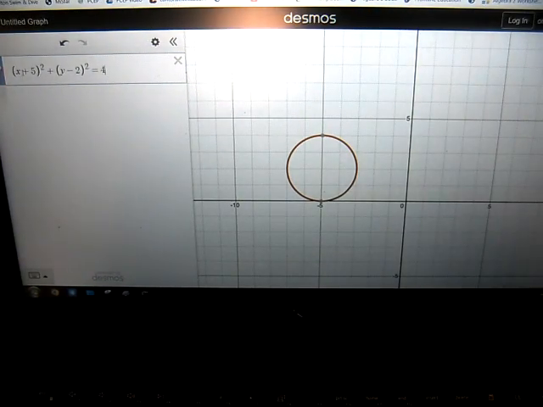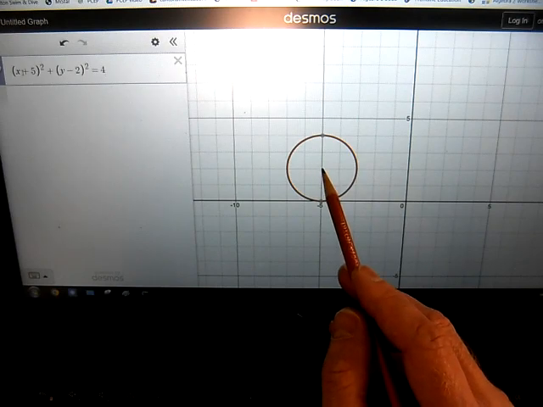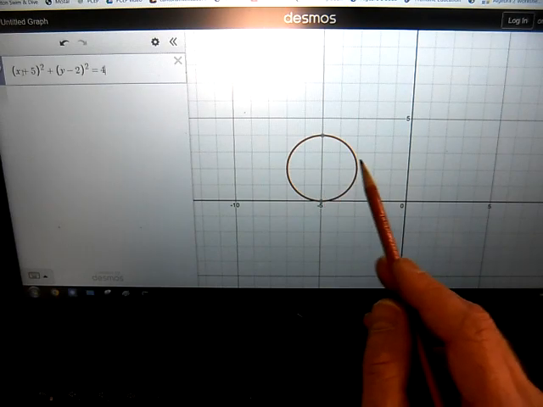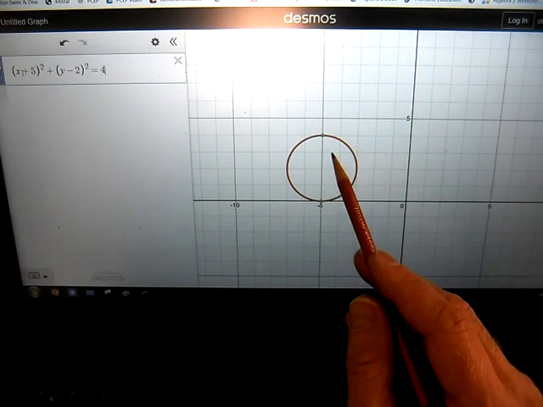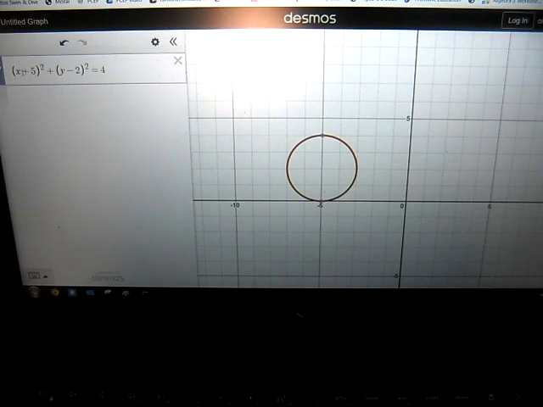And there would be our circle. The center would be at 5 to the left and 2 up, and the radius was 2 in every direction. The radius is 2. So you can type these into Desmos.